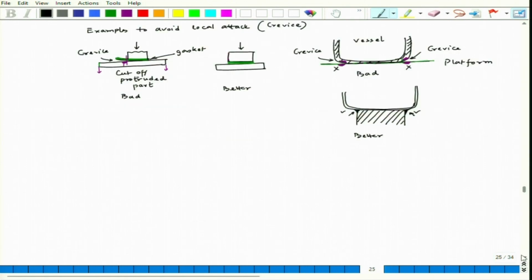Now, again, let us say you have a cement pillar, on top of it you have put a thick rod or large diameter rod, and here also we have crevice.